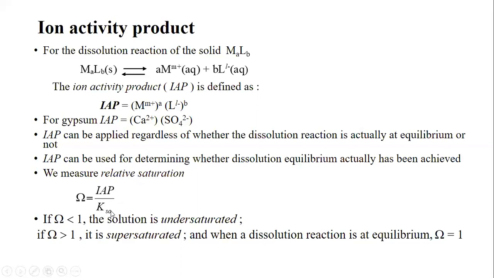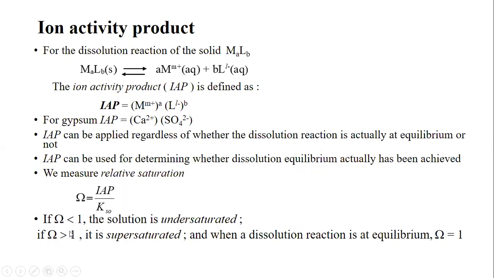IAP is smaller than K. So that means the solution did not reach K. You need more ions to reach K, to reach equilibrium. So we say the solution is undersaturated. It did not get to equilibrium. The concentrations, when we multiply these activities, did not give the value of K, so we do not have equilibrium. So this is undersaturated. We did not reach the saturation or equilibrium point.